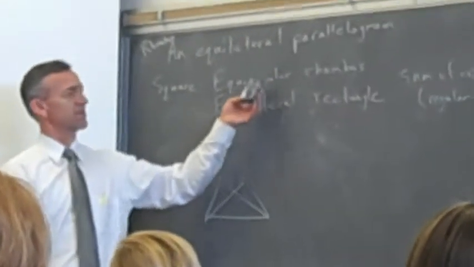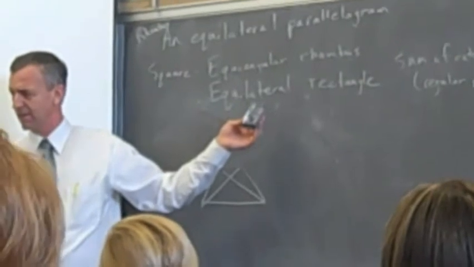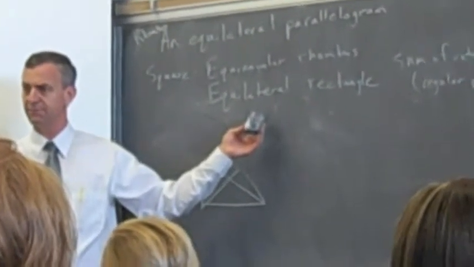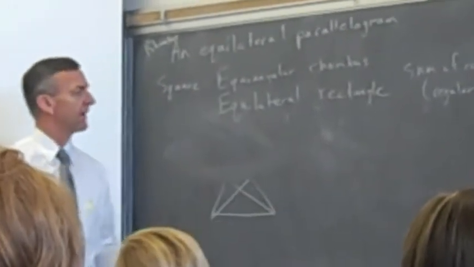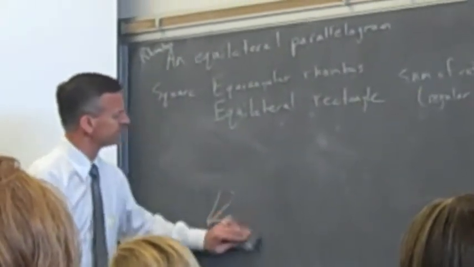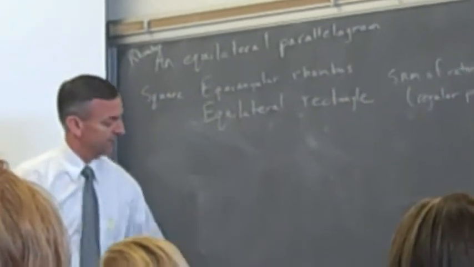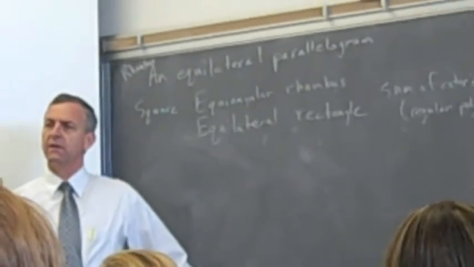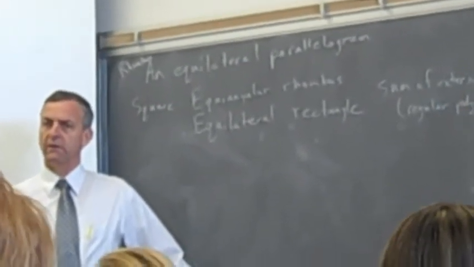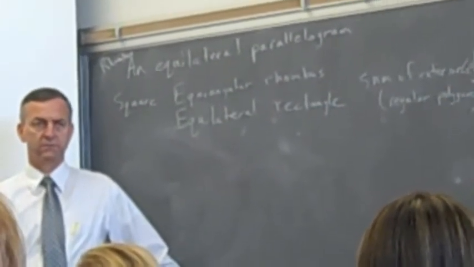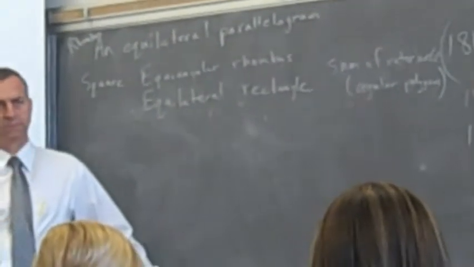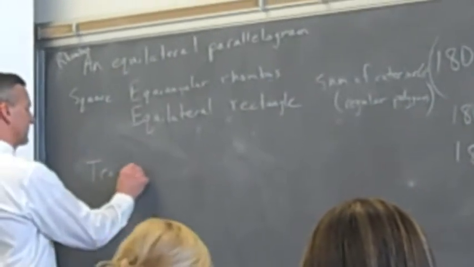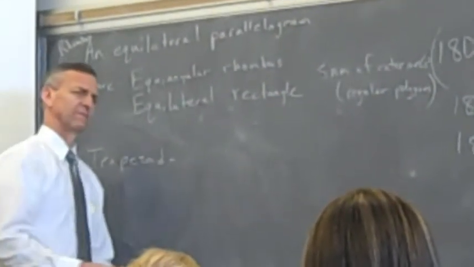So these two definitions don't look anything alike, right? And yet either one of them is sufficient to give us the definition. What's the definition of a trapezoid? I'm trying to think of a two-word one, but a quadrilateral with one set of parallel lines.